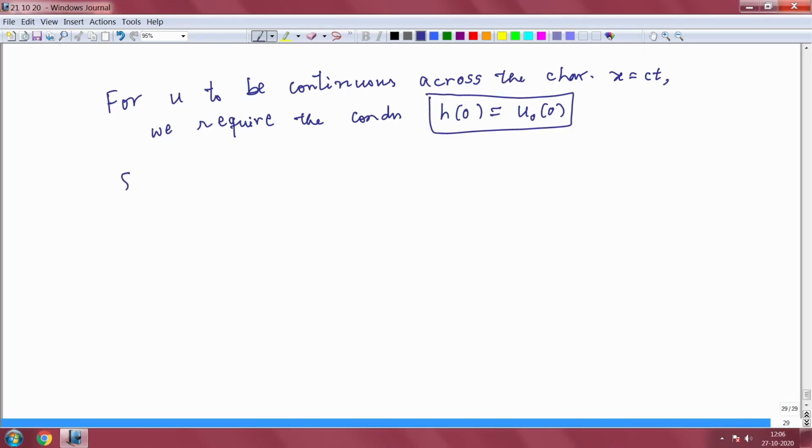So, similarly, similar limits can be obtained for u to be a C^2 function. See, this is the minimum thing we require.